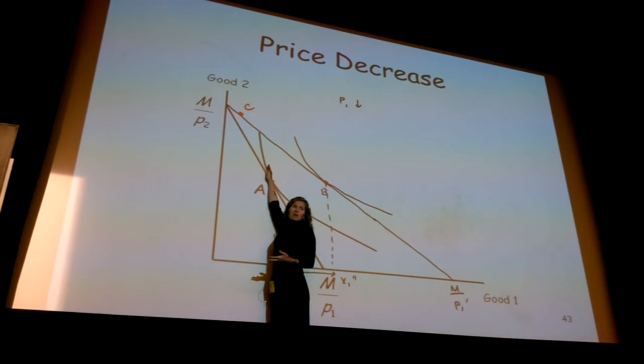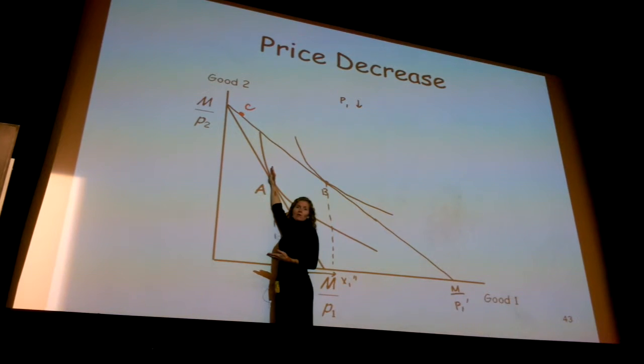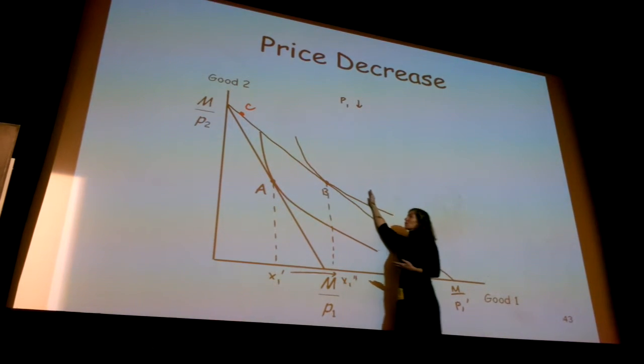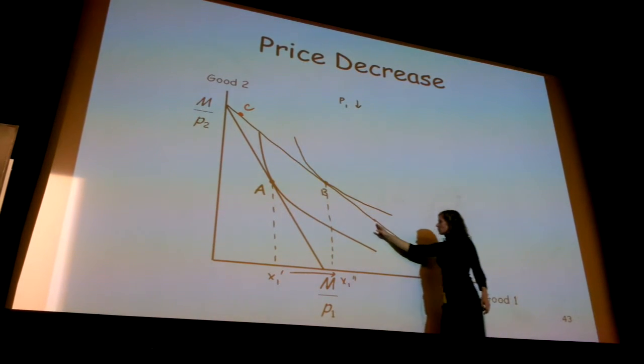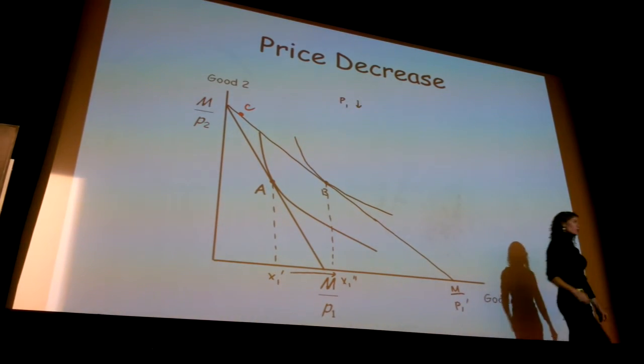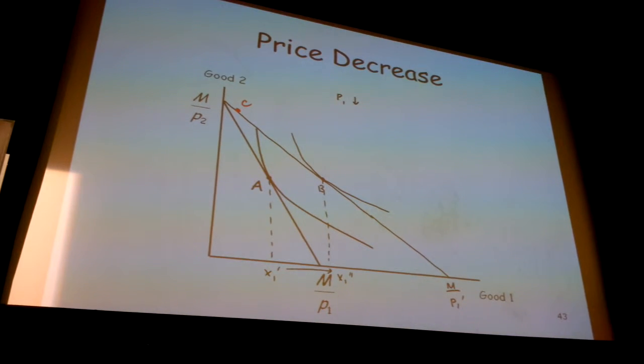Theoretically, it actually turns out to be possible for that to happen, but it's not what we usually think happens. Usually when we think of a price of a good falling, we think that our consumption of that good increases. So that new optimal consumption bundle should occur somewhere to the right of point A. Okay.